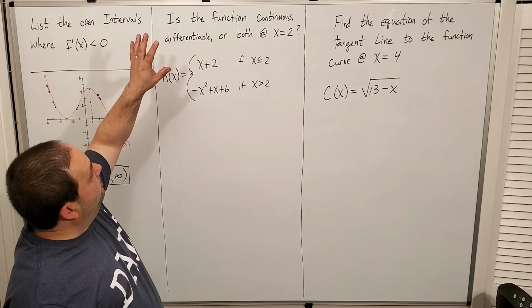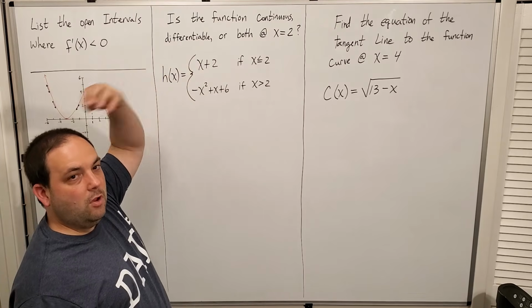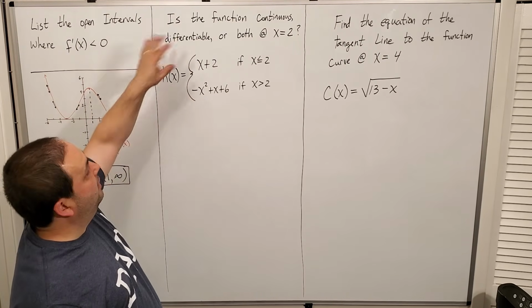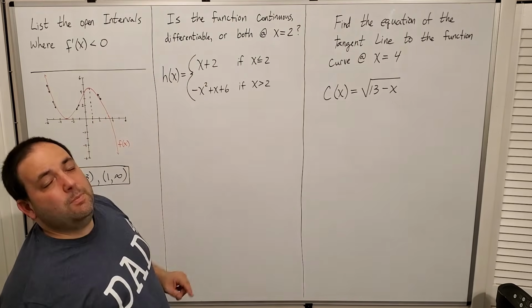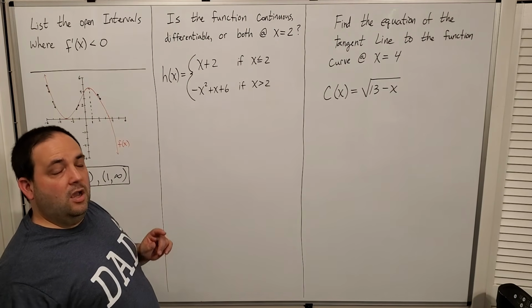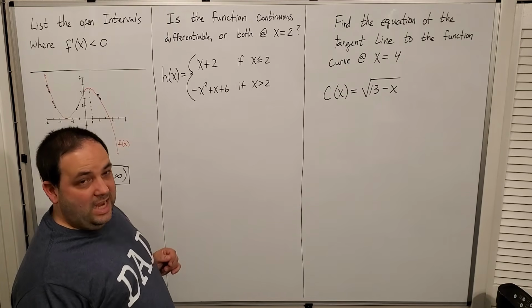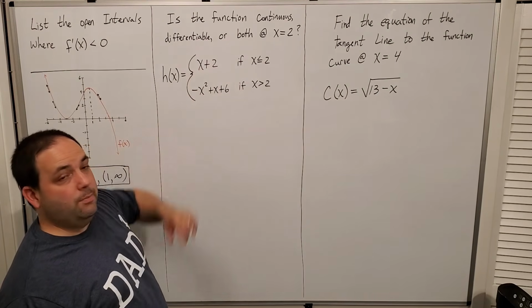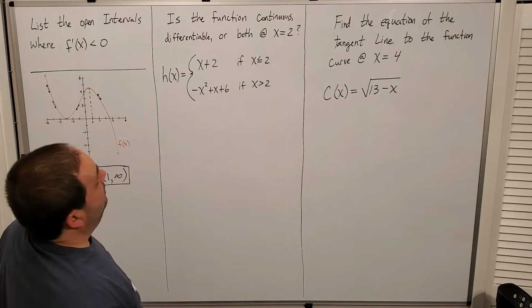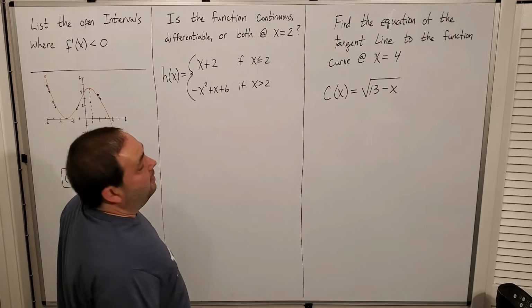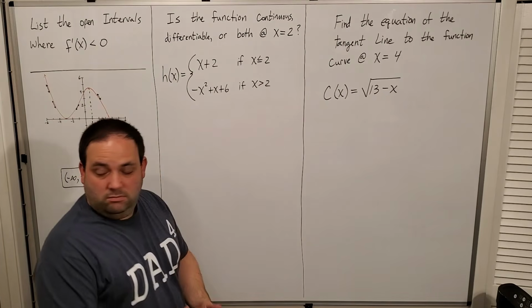So you're not going to be just differentiable here. You should already know that in the back of your head: that's not one of the options. You can be just continuous, you can be neither, and you can be both, but you can't be just differentiable.